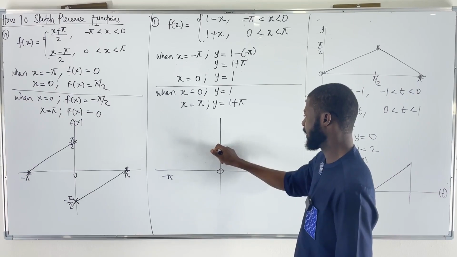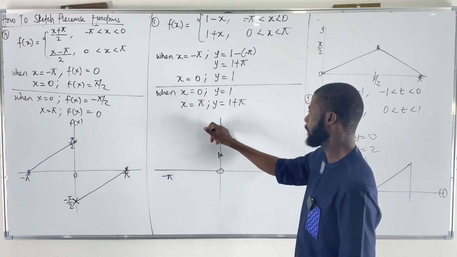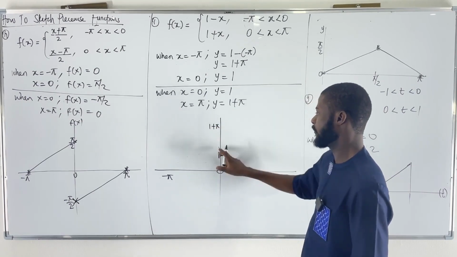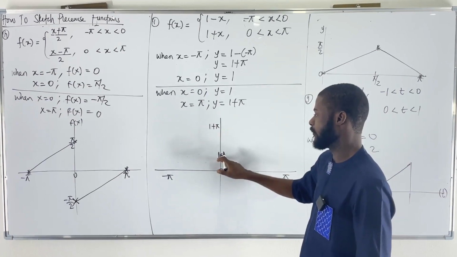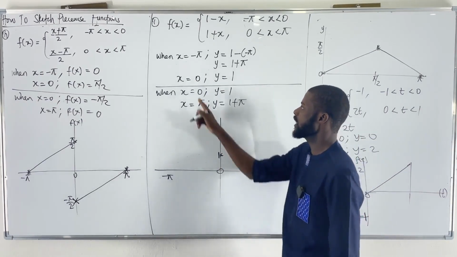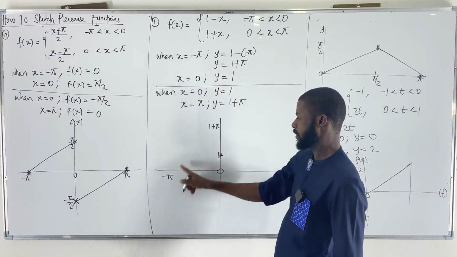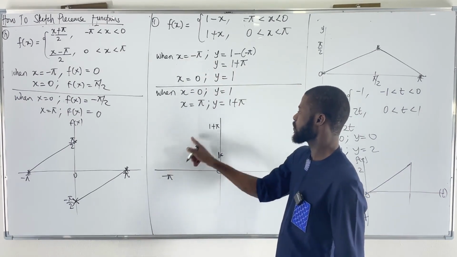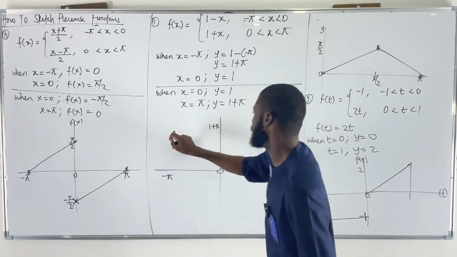Let me put 1 here, and let me put 1 plus pi above it, because 1 plus pi is bigger than 1. So when x is minus pi, y is 1 plus pi. So this is minus pi, and this is 1 plus pi. So it's going to be somewhere here.